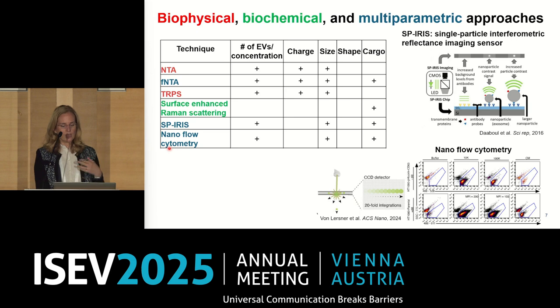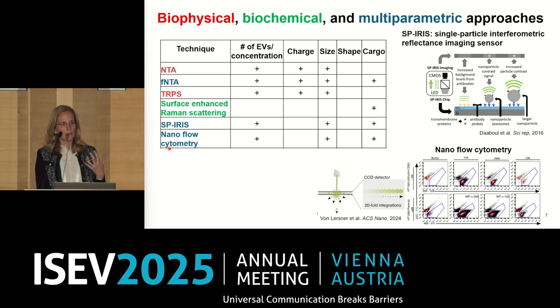And of course, nanoflow cytometry is one of the most advanced techniques that is multiparametric in this field. And it's probably one of those techniques that has the best regulations of what you should report, how you should do your measurements, what standards you should follow. So there is really a wonderful set of different articles that can tell you how to do this properly, and different labels that you can use.